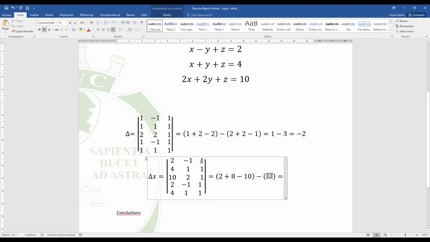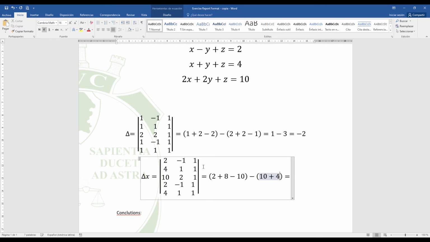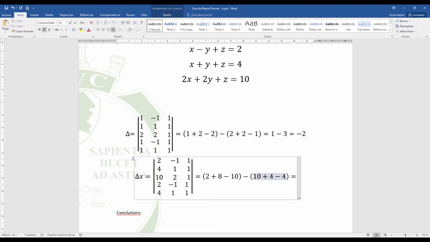Multiplying upward: 10 times 1 is 10, 2 times 2 times 1 is 4, and 4 times minus 1 times 1 is minus 4.